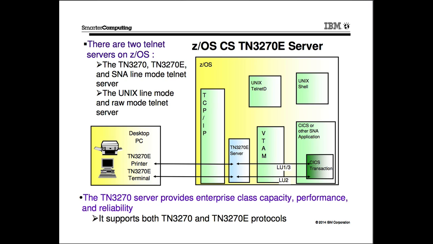We have customers that have hundreds of thousands of TN3270 sessions running at the same time through the one server. If you're using ATMs, a lot of them are actually doing 3270 under the covers. You think about a bank that has thousands of ATMs out there that can all be doing withdrawals. It's a very robust server that needs to take those applications and get them out to the SNA middleware.